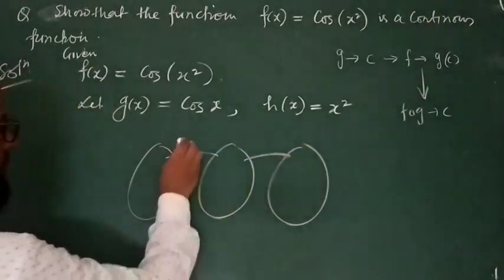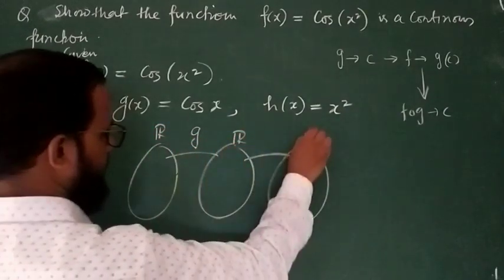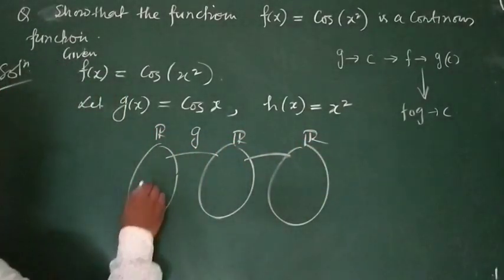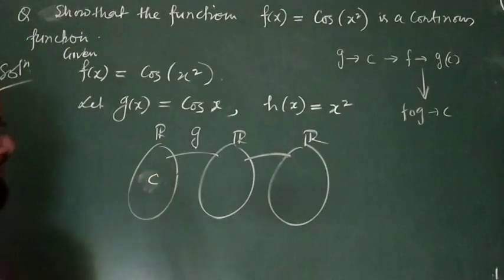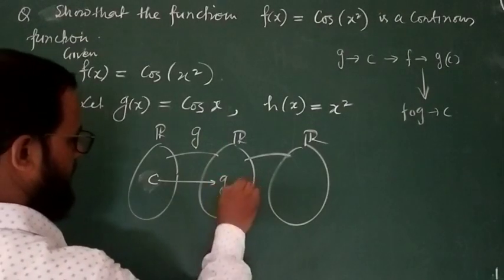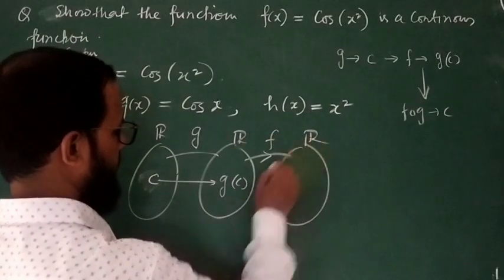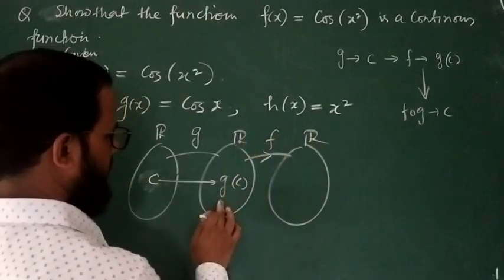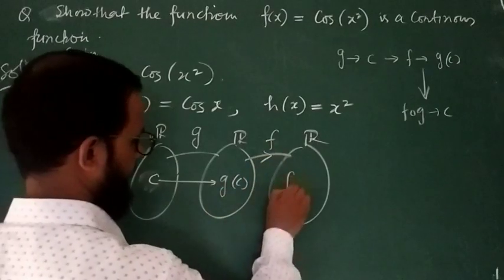Okay, so g is defined from the set of real numbers to the set of real numbers. Suppose c is any point in it; the image of c under g is g(c). And this is the function f from R to R; the image of g(c) under f is f of g(c).